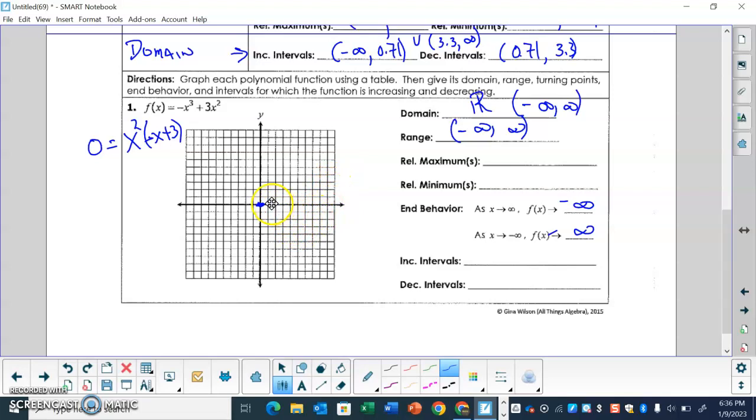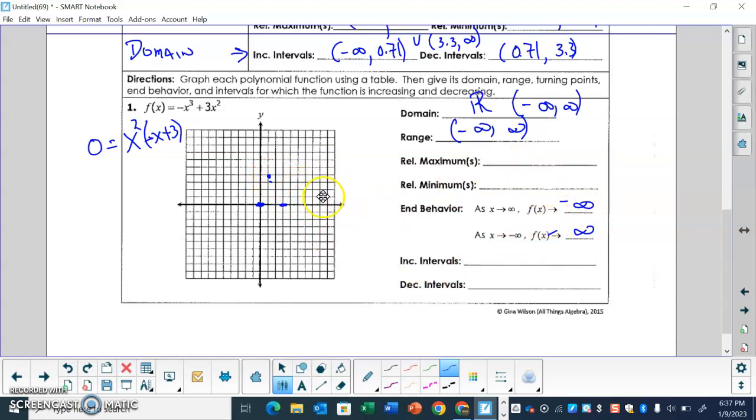Now, we can go out to 1, 2, 3, right there, and that's where it crosses the x-axis. I do know that. And if I remember correctly, the maximum's at 1, 4. Let's see, 1, 2, 3, 4. So that's here.